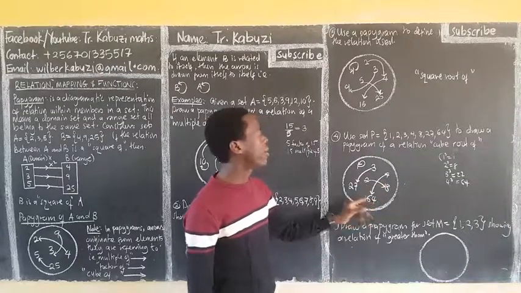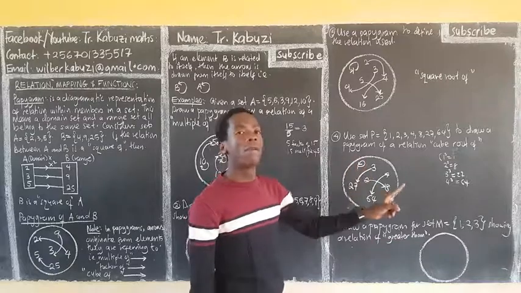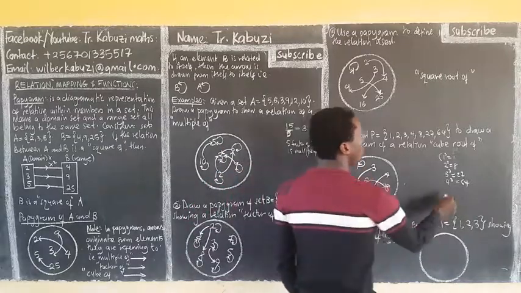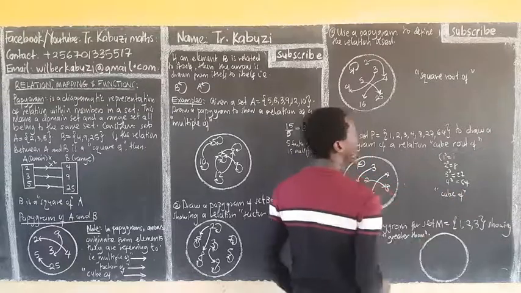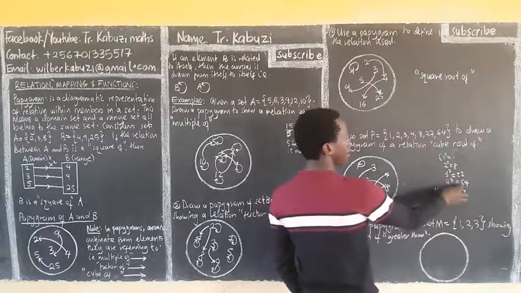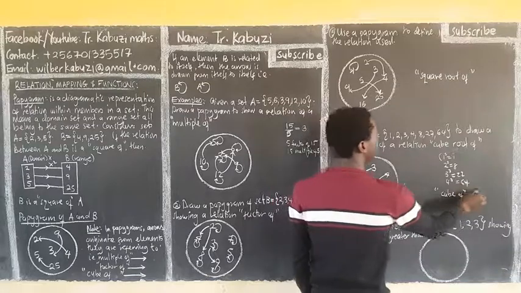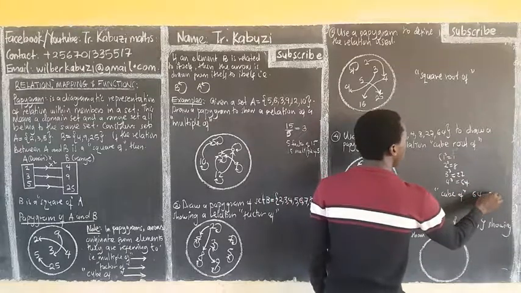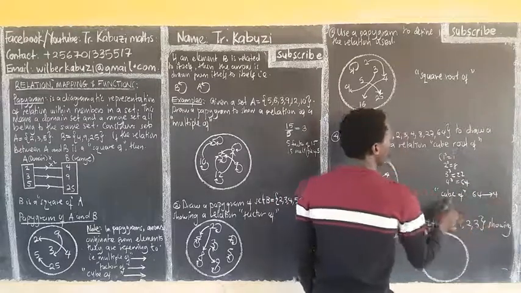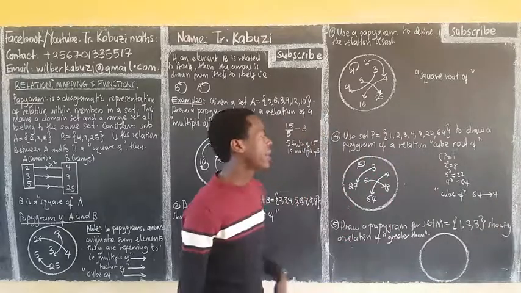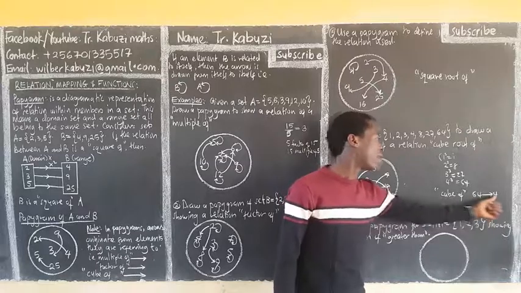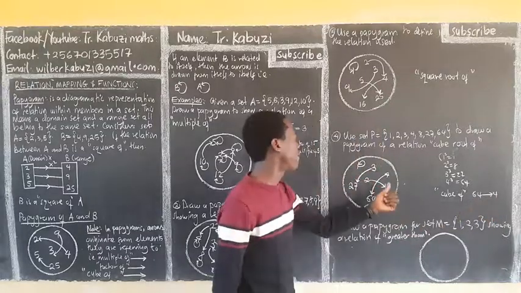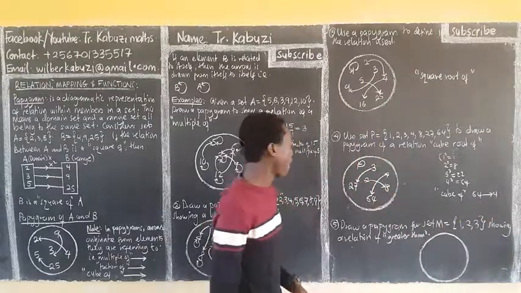If the relation was cube of, for example, then you see that 64 is a cube of 4. But this time, it is cube root. Now, whenever you get a root, you are reversing. So we are reversing this to this. That's why 4 is coming now to 64.